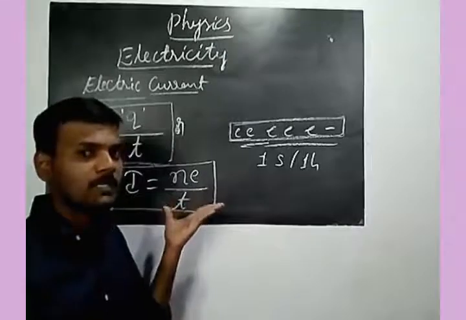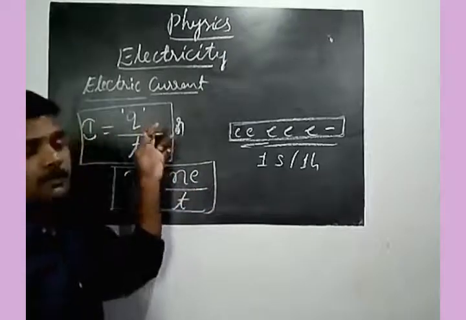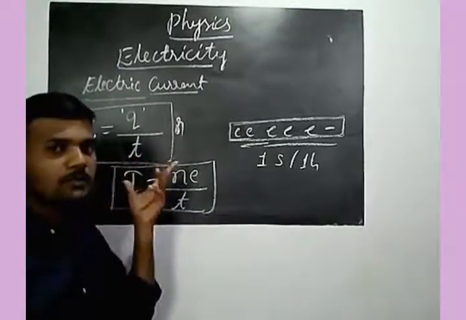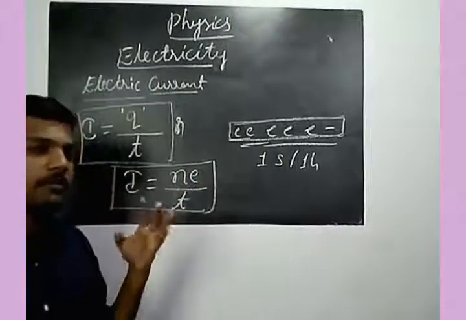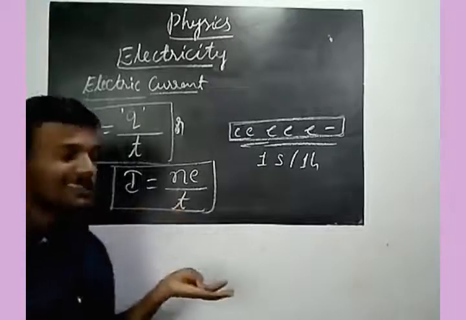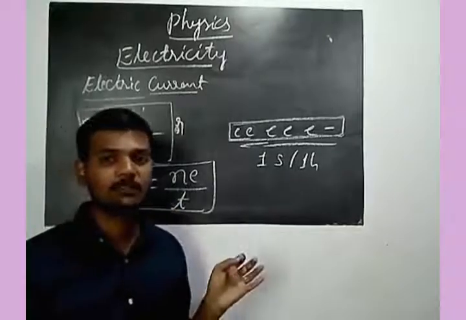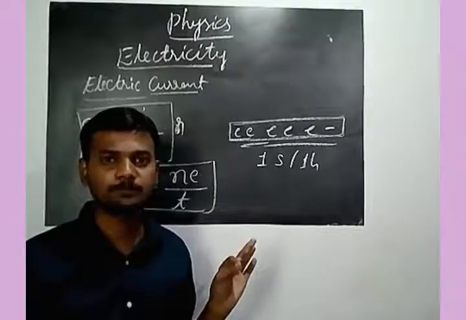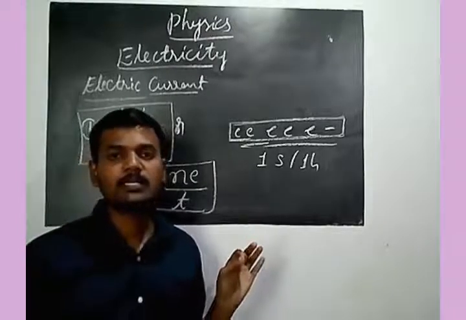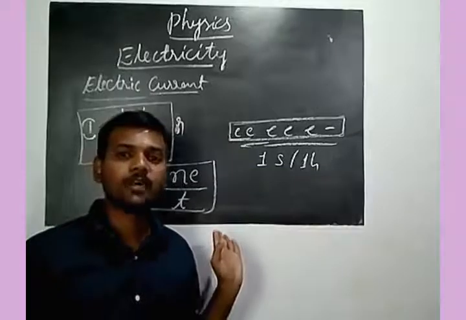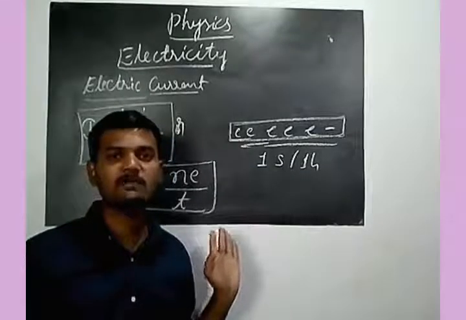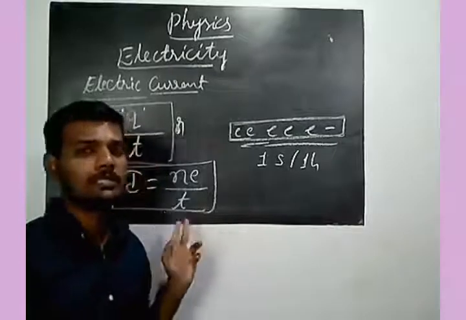By using these two relations, we can find the number of charges, time and current. To understand the basic concepts, you must remember these two relationships.